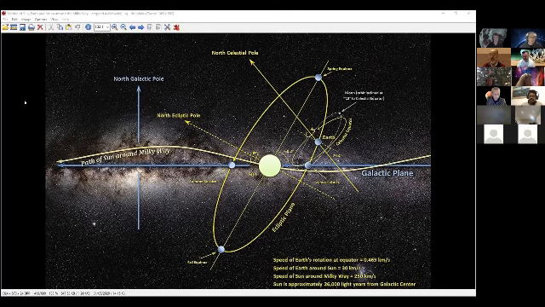Yeah, and the other thing that we do is we move in and out of the arms of the galaxy. So we move through more dense clouds of cosmic material, and then we move into more sparsely dense material. At the moment, I think we're just going into one of the clouds, and some of the climate change skeptics are using this as an excuse and saying, look, it's the fact that we're moving into this cosmic cloud and all this cosmic radiation is causing the global warming.